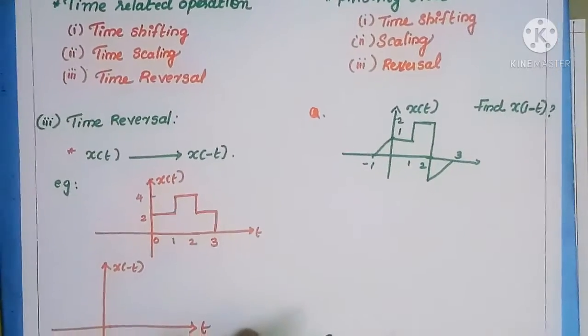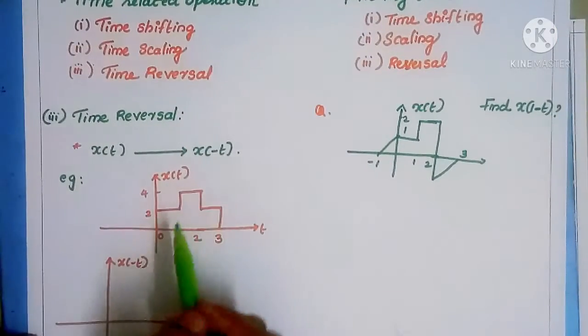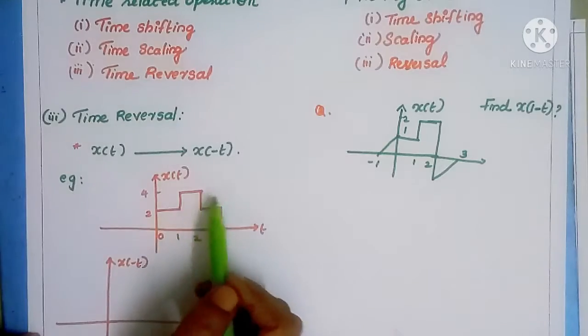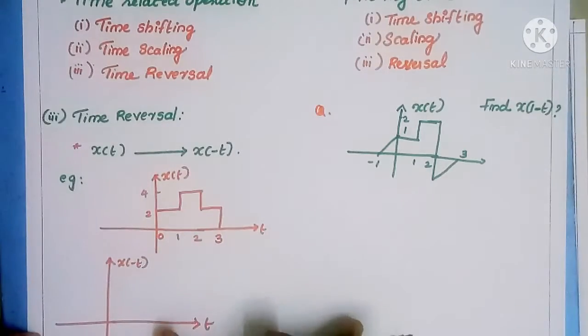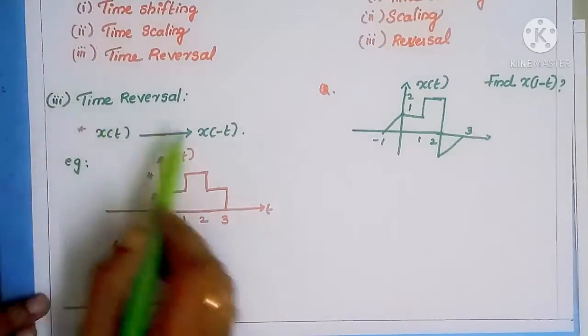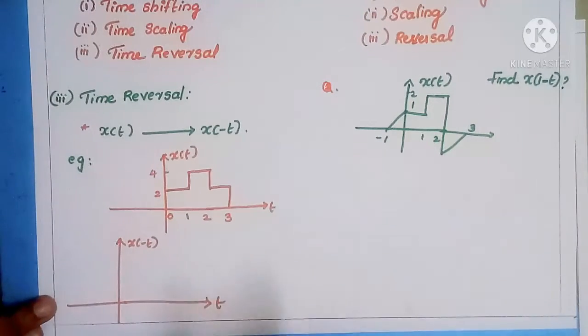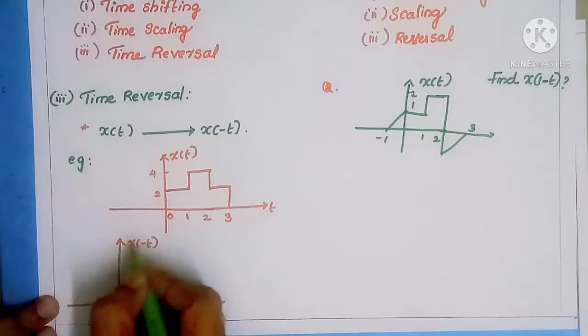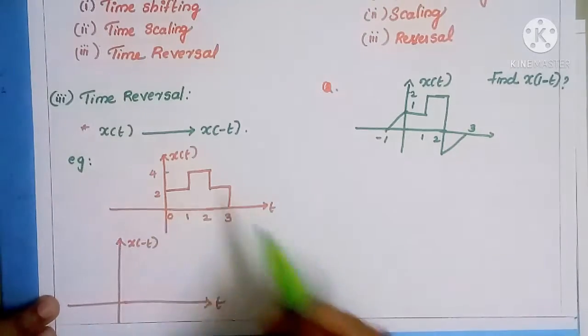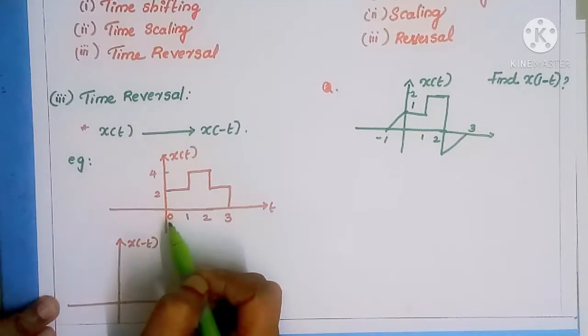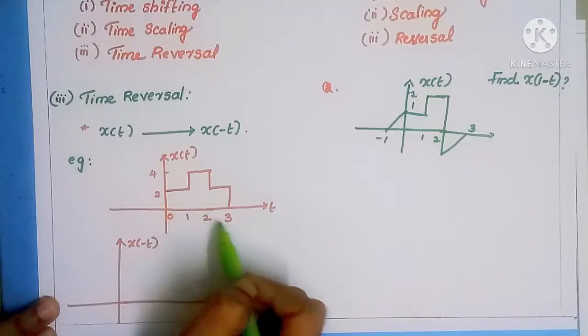To understand this concept, here I am taking one example, that is this is our x of t signal. We need to apply this time reversal operation to this input signal. Then what is the resultant signal? Here we can draw. Our input signal is present at the time points 0, 1, 2, 3.